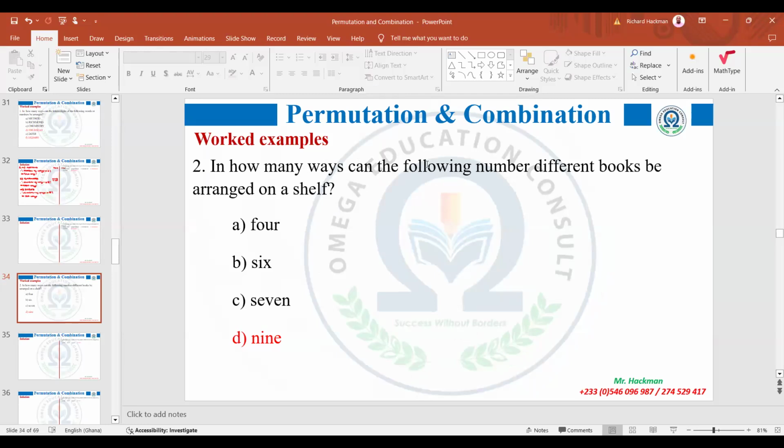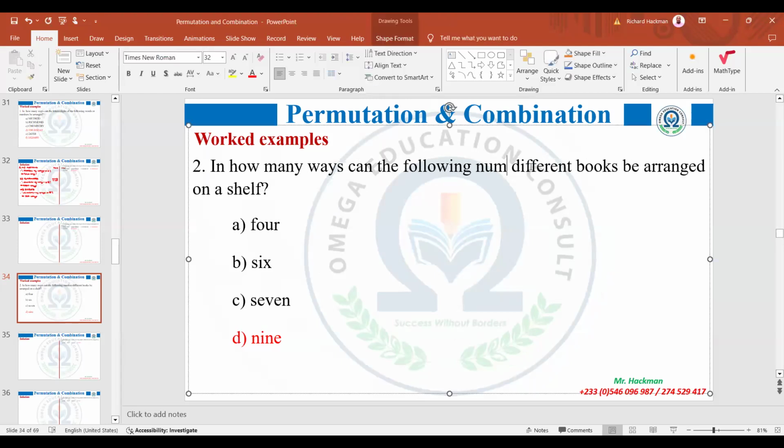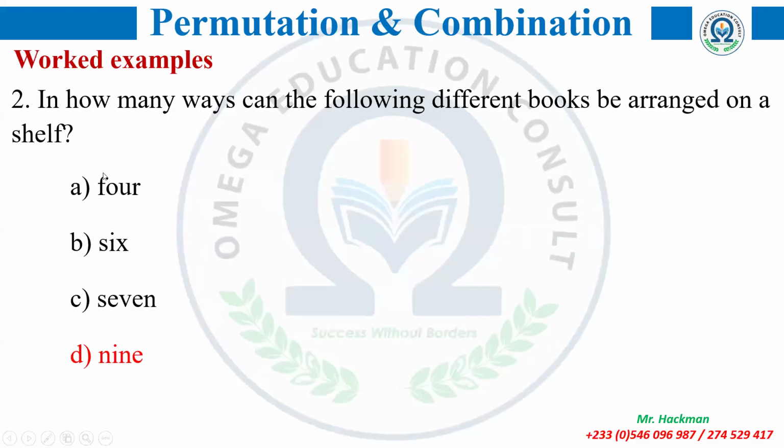We have to indicate that the books are distinct, so that information must be there. So, in how many ways can the following different books be arranged on a shelf?